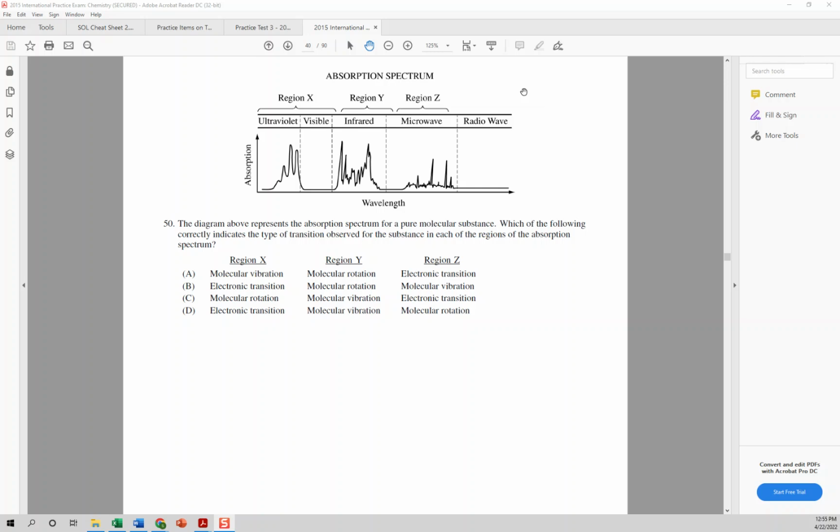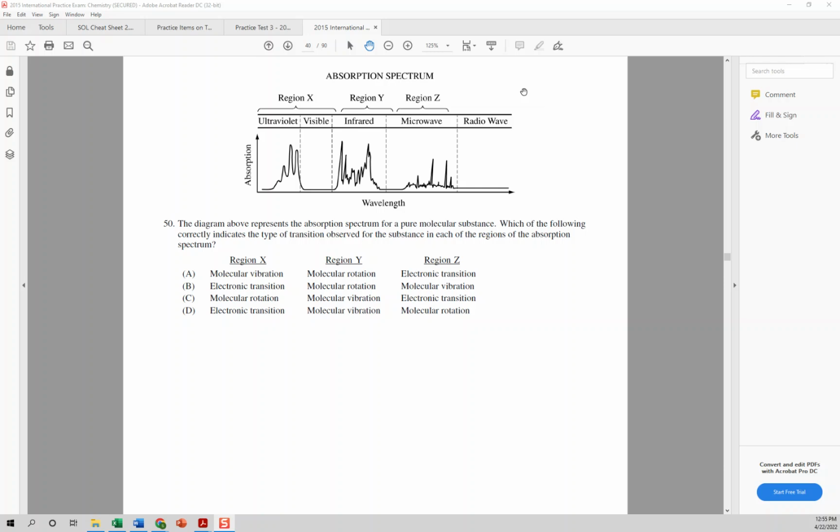And remember, these practice tests are based on the international exam, and there's a few standards that the international kids have that we don't, and a few standards that we have that they don't. All right. So this is not really covered in AP chemistry in America, but we could hopefully figure it out.